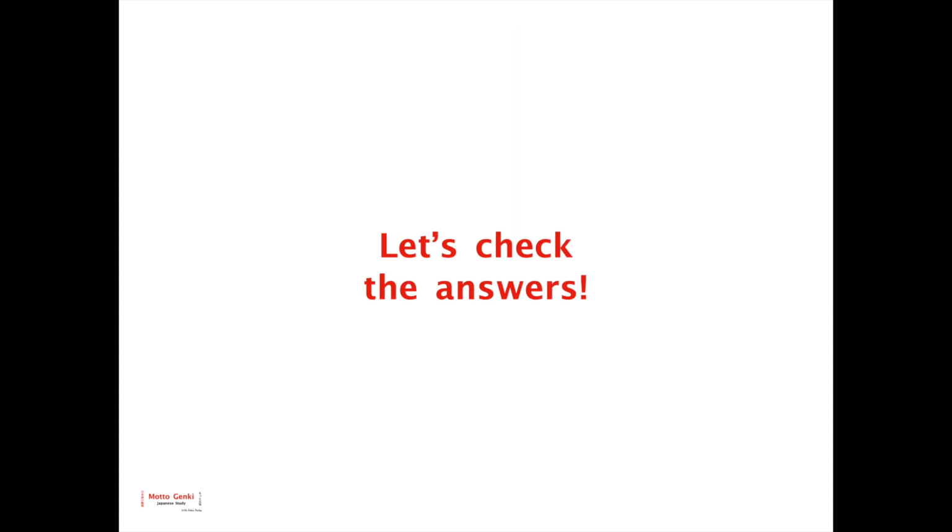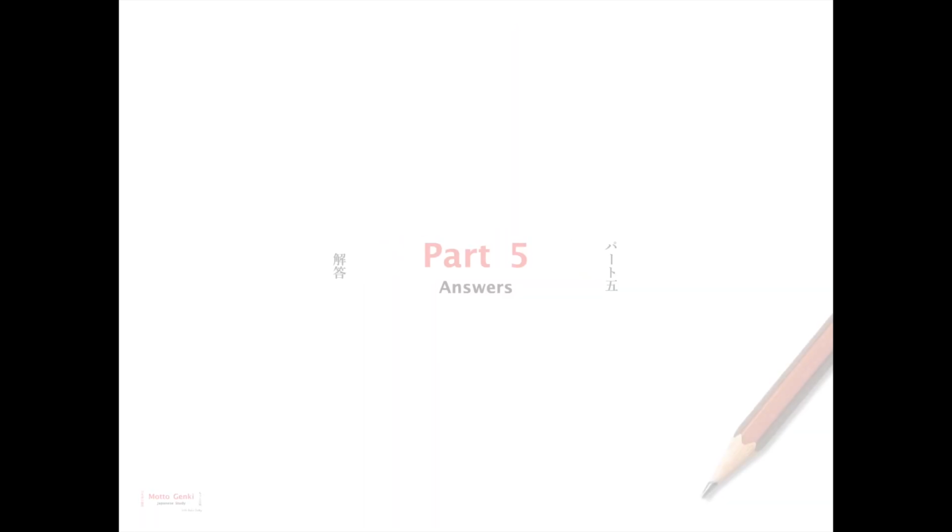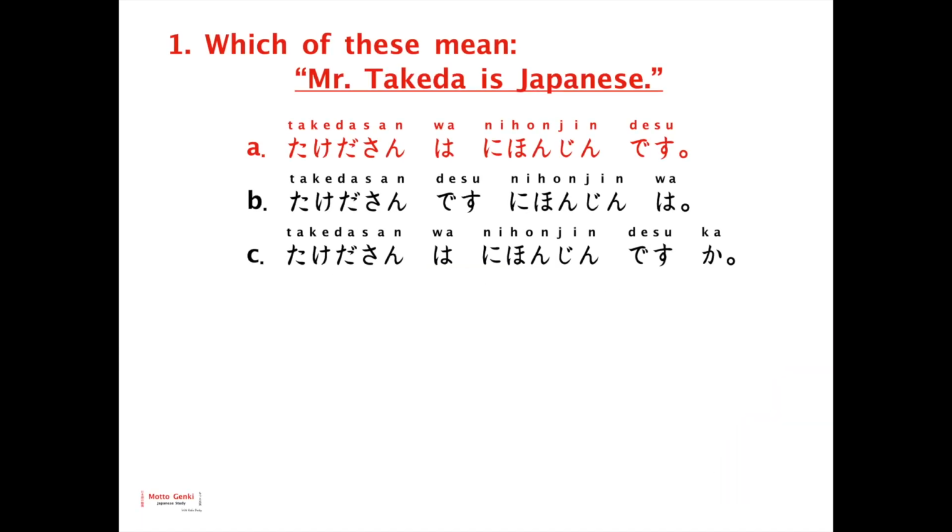Right, let's go through the answers. Right, question 1. Which of these mean Mr. Takeda is Japanese? And the answer is A. So, Takeda is his name. San means Mr., Mrs., it's a title of a person.